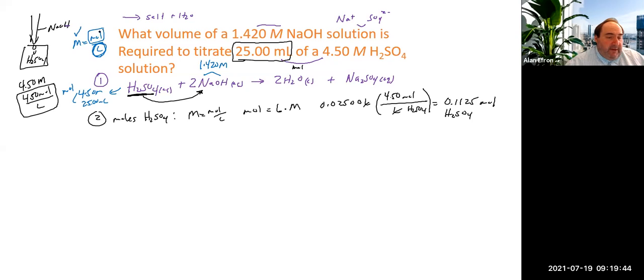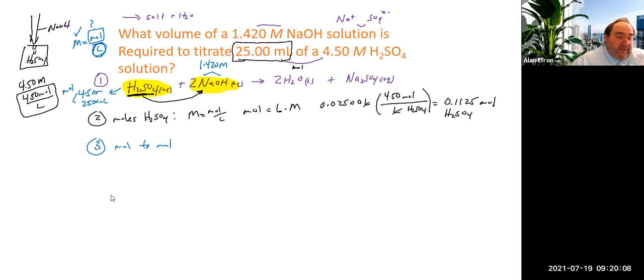So this part here, the moles of the sodium hydroxide, is going to come from the stoichiometry. We want to do really step number 3, which is our mole to mole relationship. In this case, we're interested in sodium hydroxide, but we only have enough information about sulfuric acid.